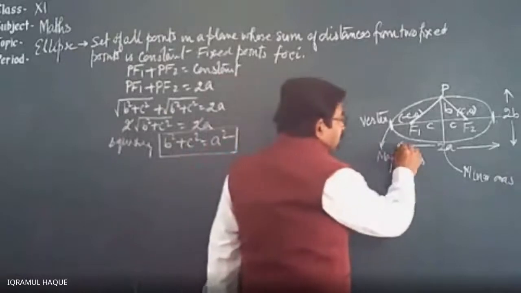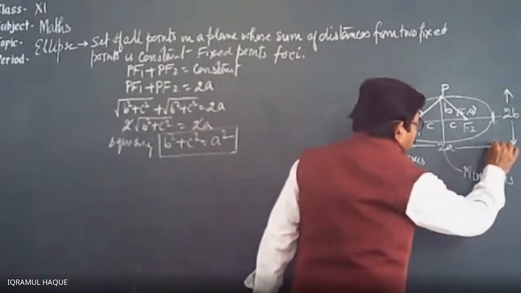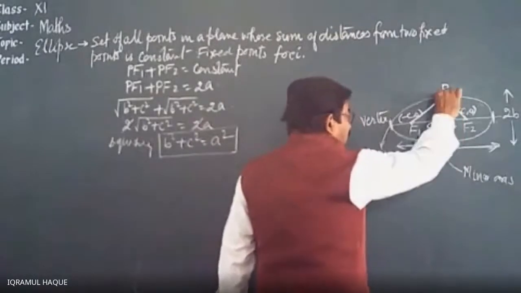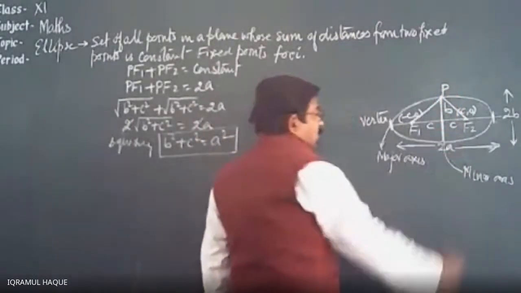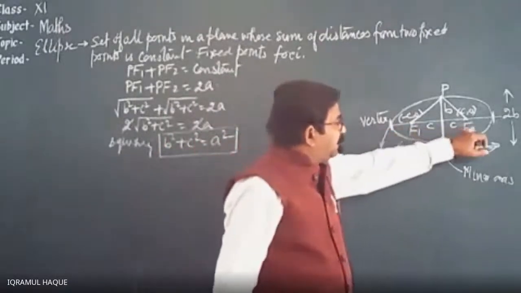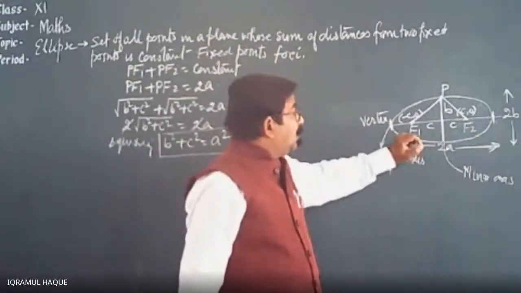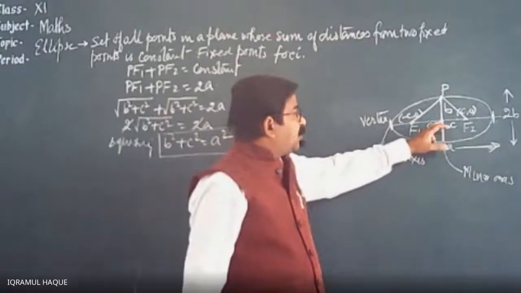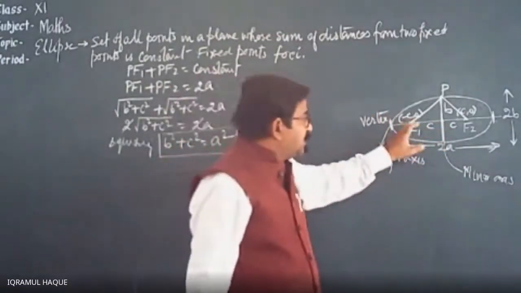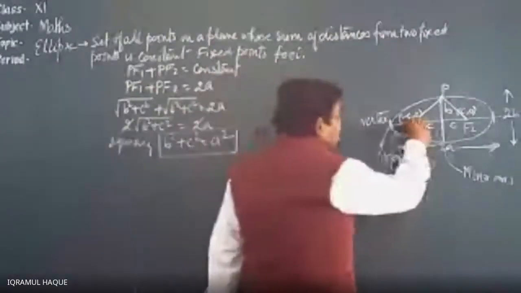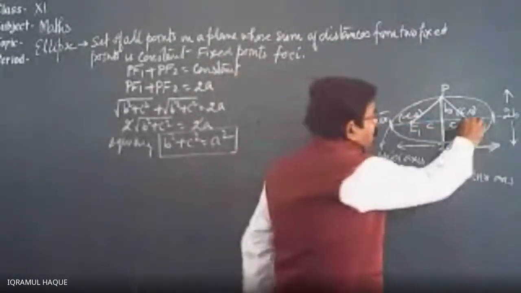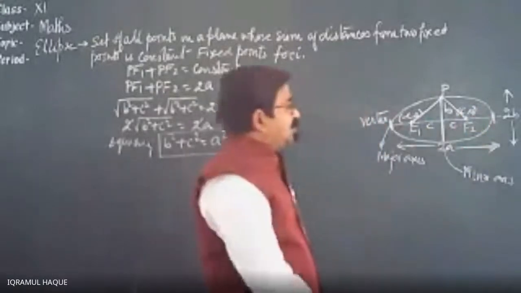The length of its major axis is 2a, and the length of the minor axis is 2b. Foci F1 and F2 are the focus, and its distance from the center is c. So the coordinate of this focus is (-c, 0) and of this focus is (c, 0).